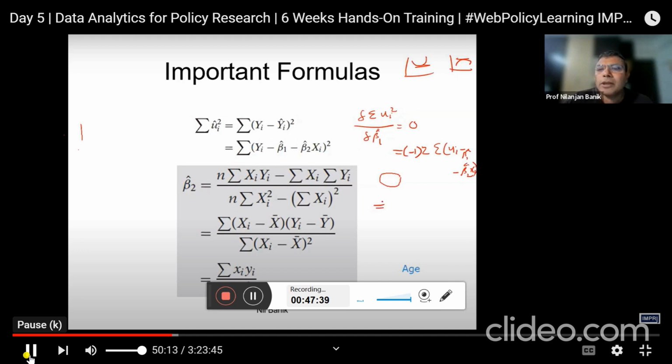So essentially what I'm getting is negative 2 summation of y_i minus y_i hat equal to 0. Why is this?